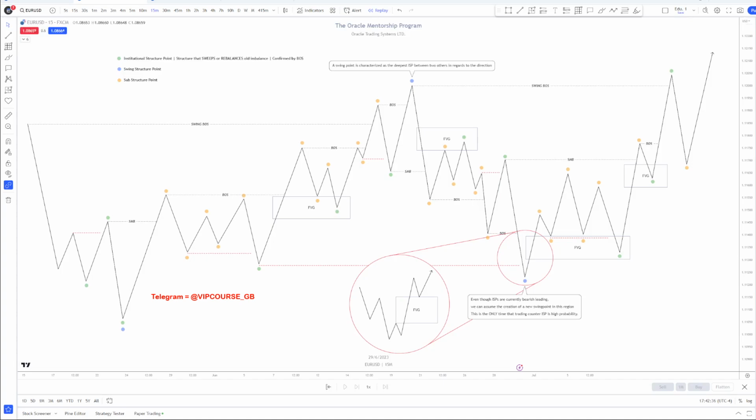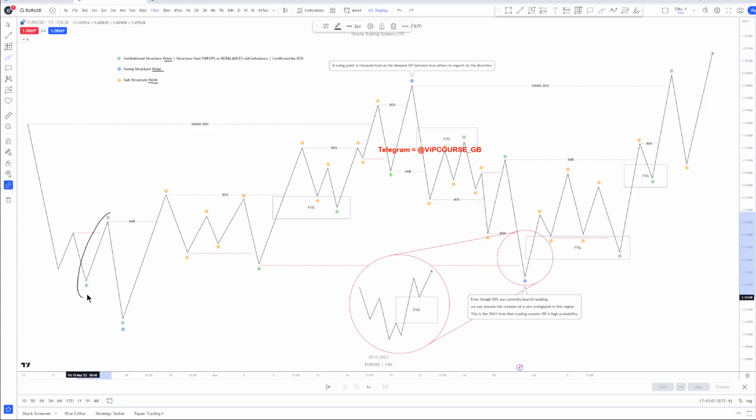Okay, so the Oracle system, we view structure in a very unique way. We view structure within a three-class system. We have institutional structure, we have swing structure, and we have substructure. Okay. Notice here that I've referred to these as points. Okay. So points are referring to the highest point and the lowest point of the given structure.